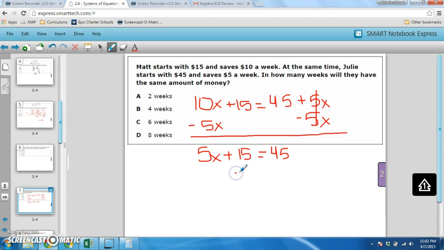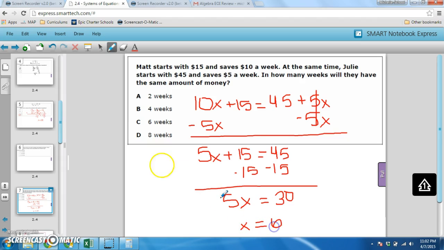Subtract 15 from both sides. So let's get 5. So the answer is 6.